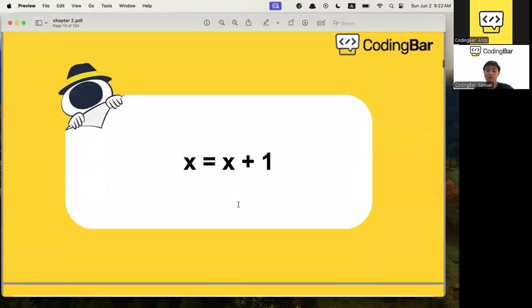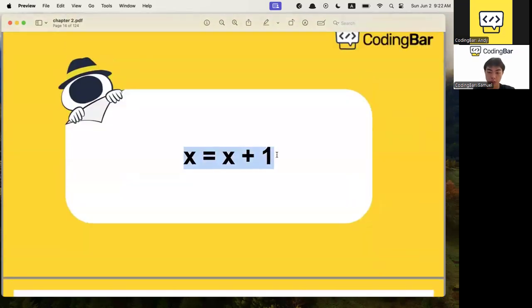And now let's talk about something quite tricky. Let's look at this statement first. x equals x plus 1. Let's assume x is a variable, maybe a variable of integer type. So x equals x plus 1. What is this statement doing?